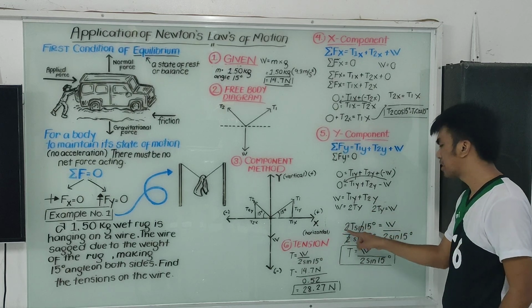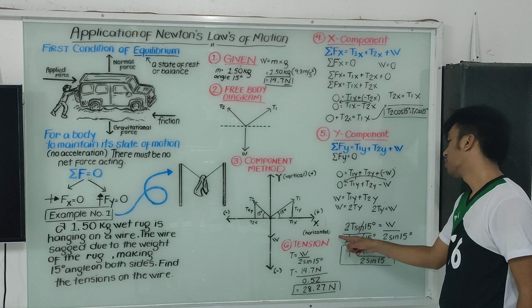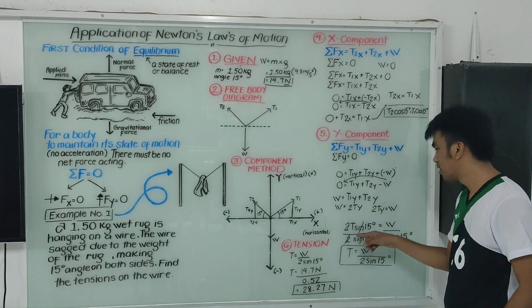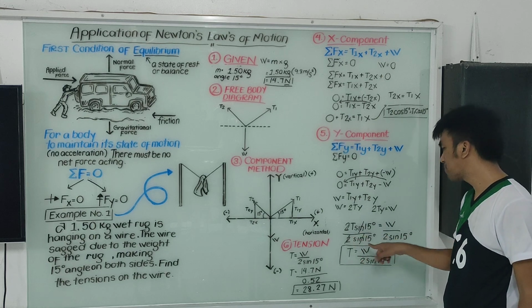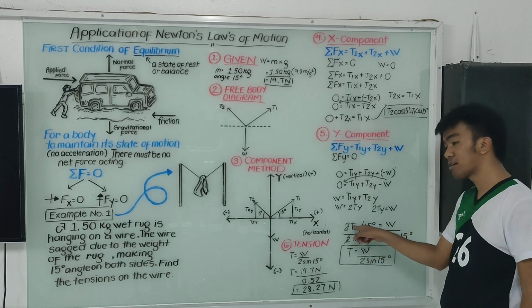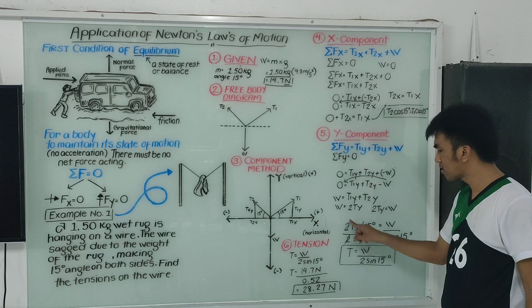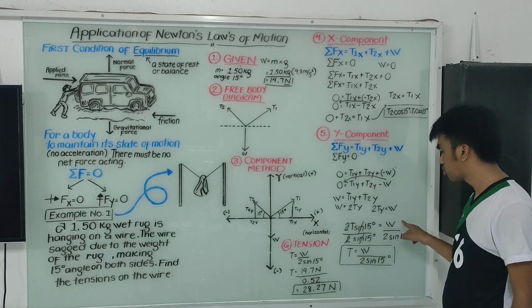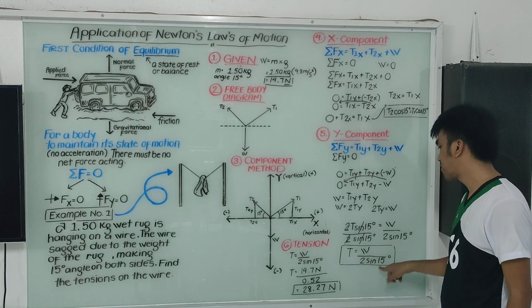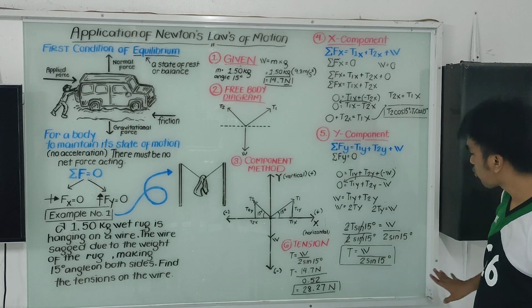And then, for the tension to remain, we divide both sides by 2 sine 15 degrees. Cancel like terms. And then this will now become T is equal to W over 2 sine 15 degrees. That is our y component.